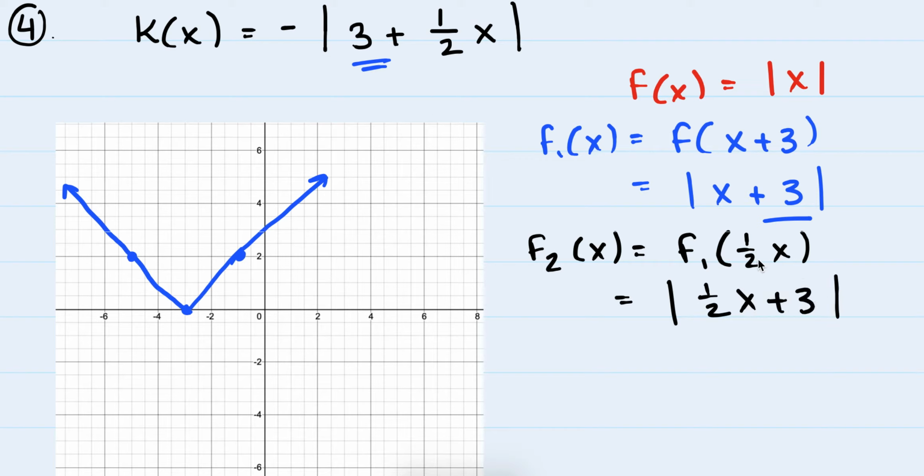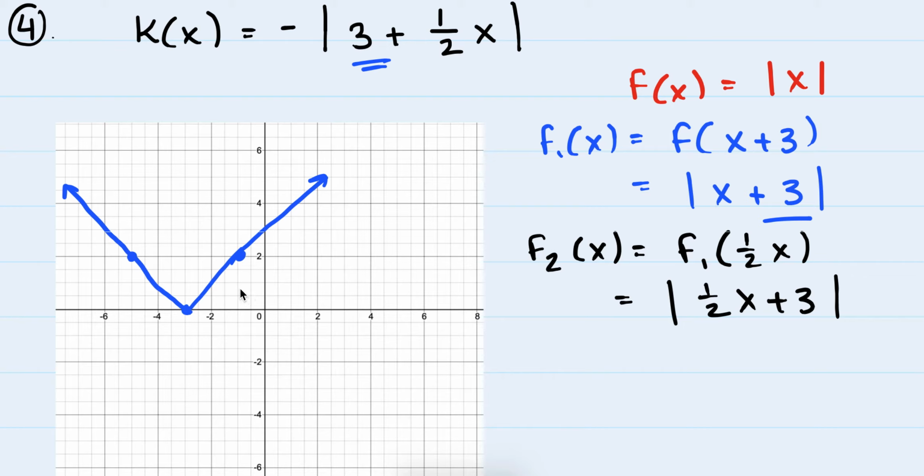What does this 1/2 do? Well, the 1/2 is on the inside of the function, which corresponds to a horizontal either a compression or a stretch. And it's going to be a stretch because it's between 0 and 1. So I'm going to multiply all of my values by 2.